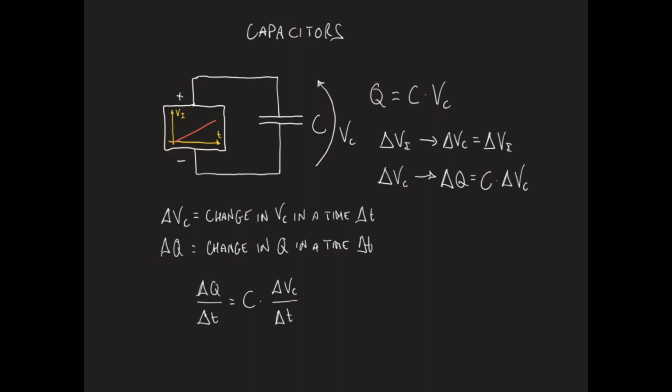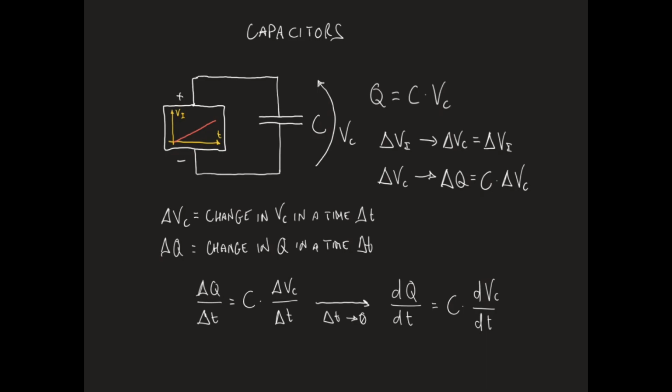If we take the limit for delta t going to 0, the change in charge Q and voltage Vc will become infinitesimal. So for delta t becoming smaller and smaller, we get eventually that the time derivative of the charge is equal to C times the time derivative of Vc.